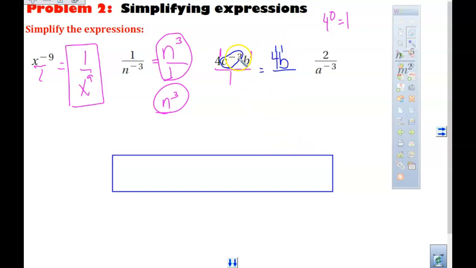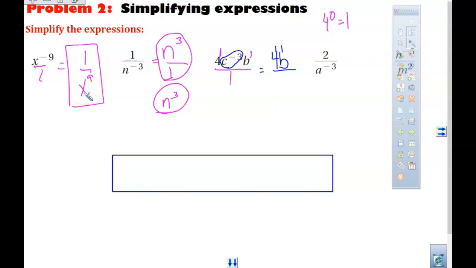Cameron, what happens to c to the negative 3? And if it helps you to look at what we did with x to the negative 9 and n to the negative 3. So when I had x to the negative 9 in the numerator, we moved it to the bottom.